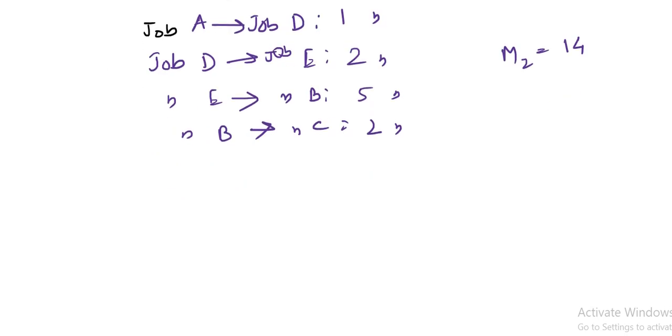Now we calculate the idle time for M3. Job A starts at 9 hours.